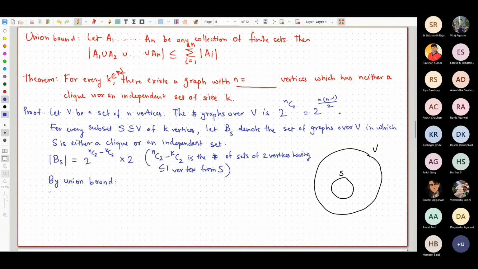By union bound, the size of the union over S subset of V, size of S equal to K, B sub S, is less than or equal to the summation over S subset of V, size of S equal to K, of the size of the set B sub S. So this is equal to, for every such S, this size of B sub S is the same, and the number of such S's is n choose K times 2 to the n choose 2 minus K choose 2 times 2.